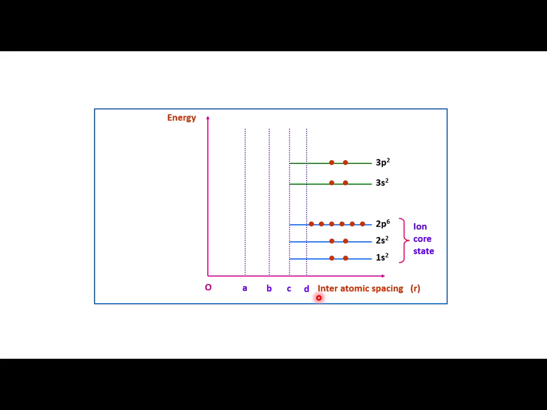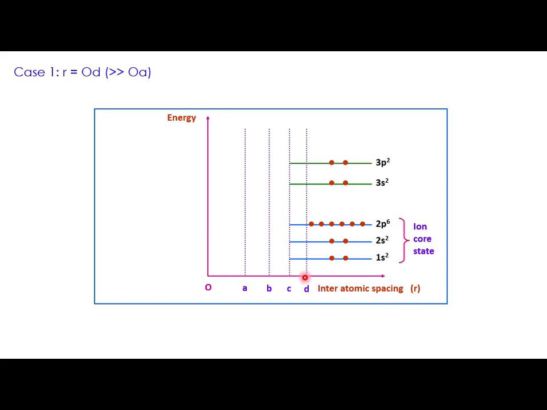Now, there are 6 possible cases. Case 1, when the interatomic separation R is very much greater than OA. Suppose OA is the equilibrium separation and R is OD. When the interatomic separation of each atom is equal to OD, what is the situation?